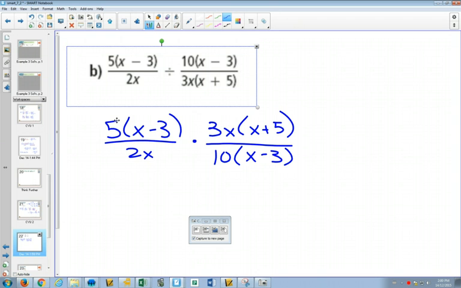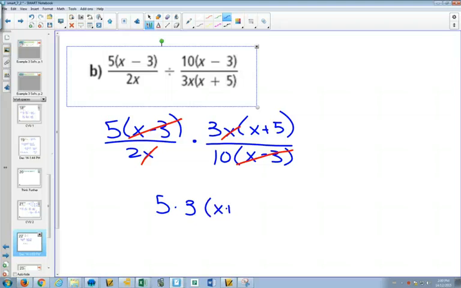Again, maybe you want to take the time first, before we simplify the numbers, to get rid of the things that are exactly the same. Can you see that there's an x minus 3 and an x minus 3? That there's an x and an x. So if I simplify those first, what am I left with? 5 times 3 times x plus 5 over 2 times 10. That's all that's left.